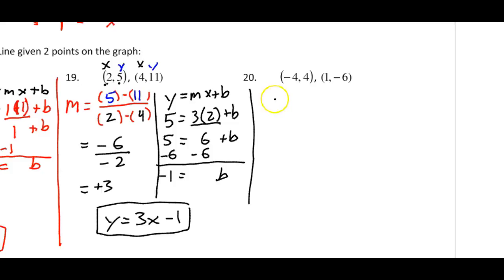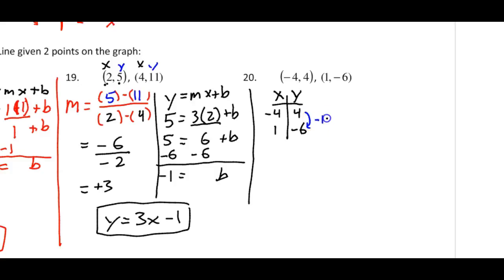Okay, last one for this row. Actually, let's do it using the other method, just in case you're using that one. Okay. If I use the table method for the slope, I'll have negative 4 and 4, 1, negative 6. So how far is it from positive 4 down to negative 6?